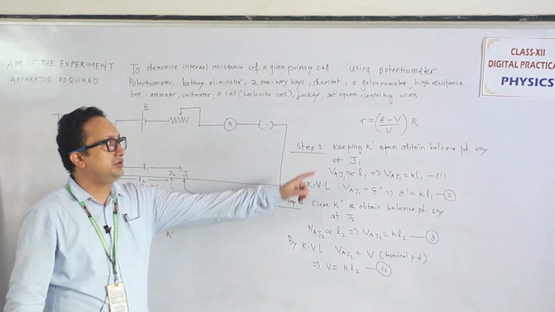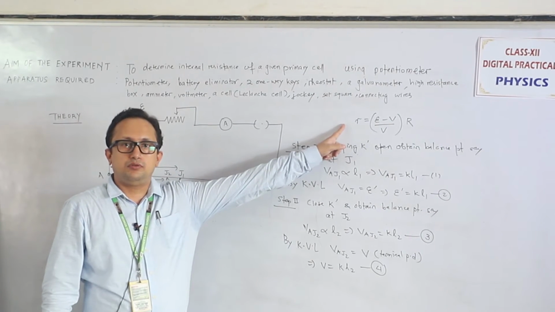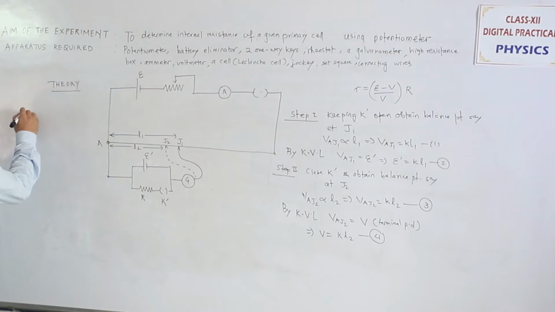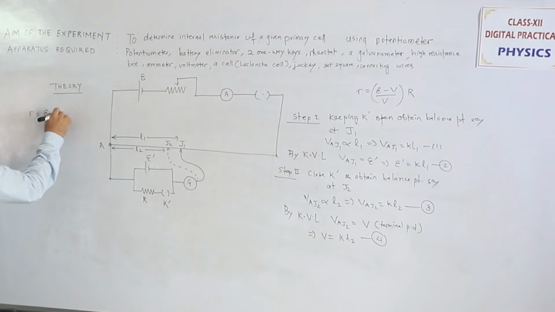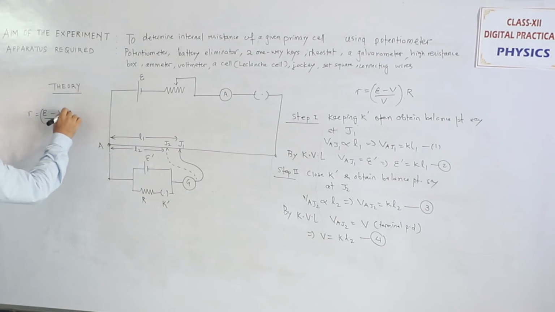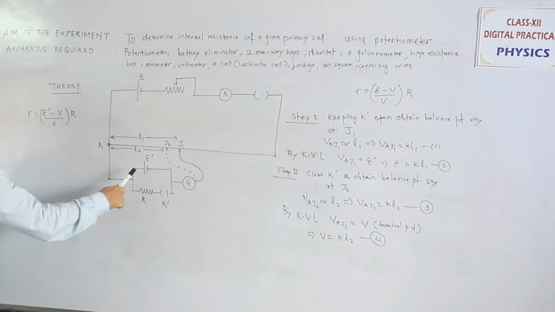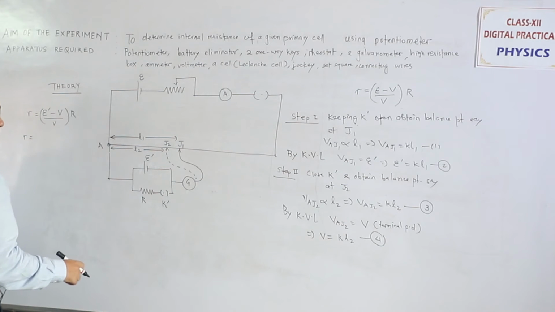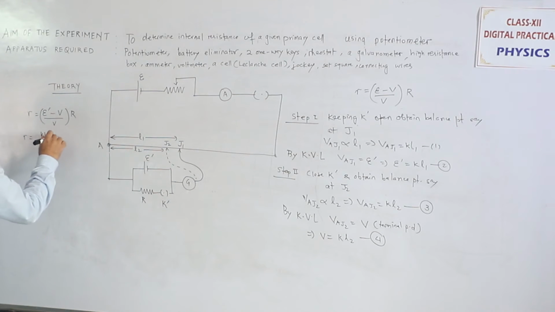Now let us go back to the working formula for r. The working formula is r equals E minus V by V into R. Here E is E prime, this cell's EMF. So E prime can be written as K L1, V can be written as K L2, into R. So K gets cancelled throughout.